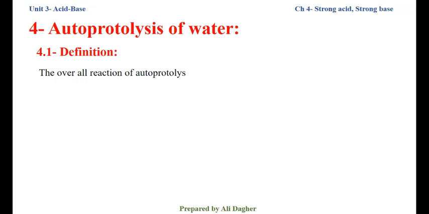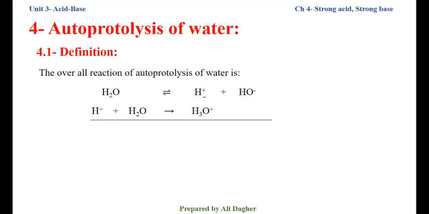The overall reaction of autoprotolysis of water is: H2O gives H+ plus HO-, and H+ plus H2O gives H3O+. For the sum of these two reactions, we simplify by H+ after the arrow and before the arrow. It remains 2H2O gives H3O+ plus HO-.